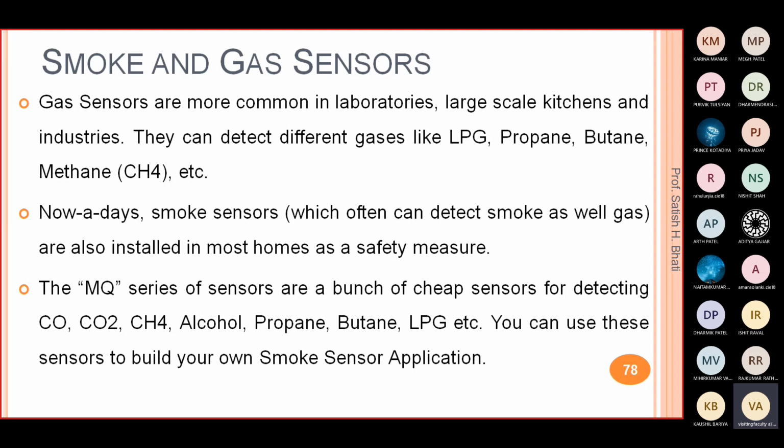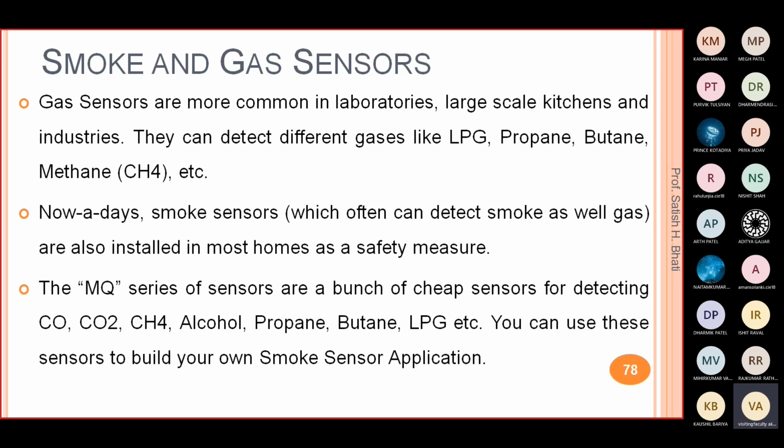And the MQ series of sensors are a bunch of cheap sensors for detecting carbon monoxide CO, carbon dioxide CO2, methane CH4, alcohol, propane, butane, LPG, etc. LPG we use at our home, right?